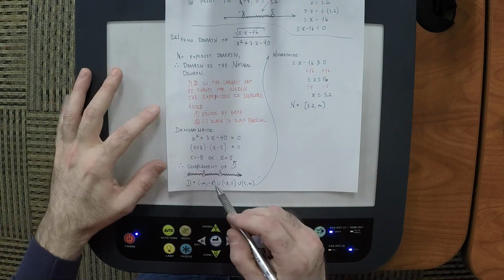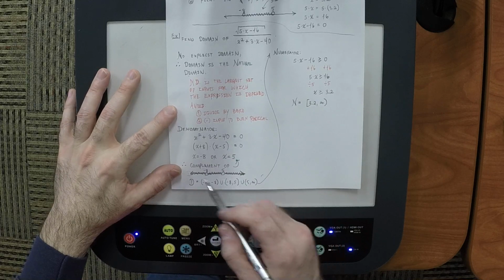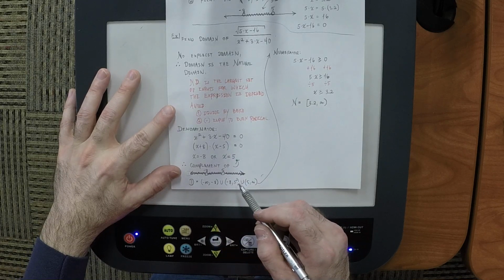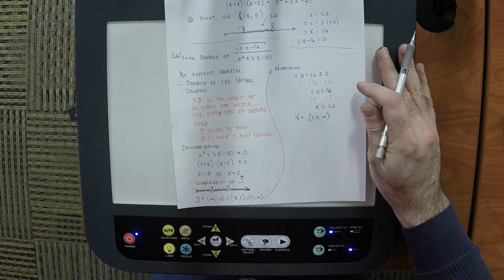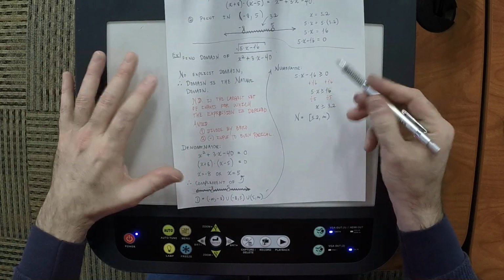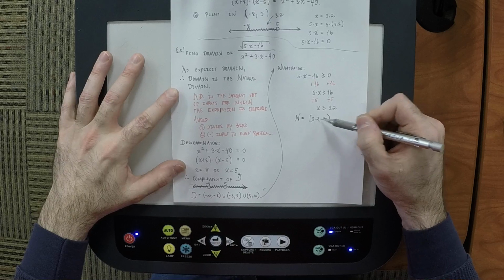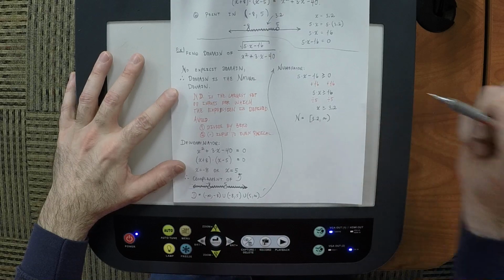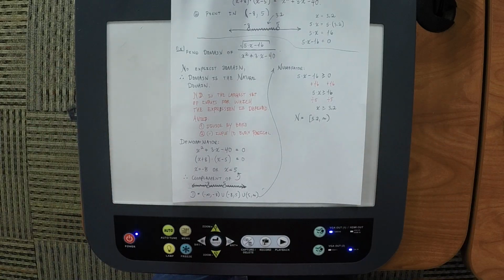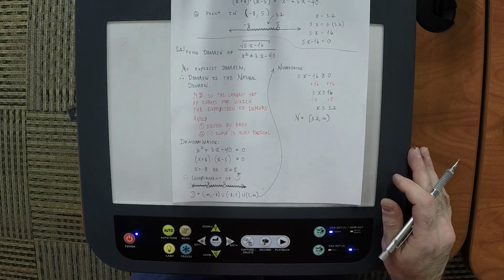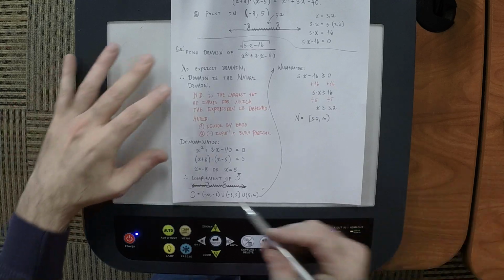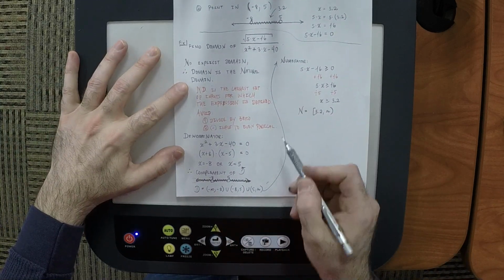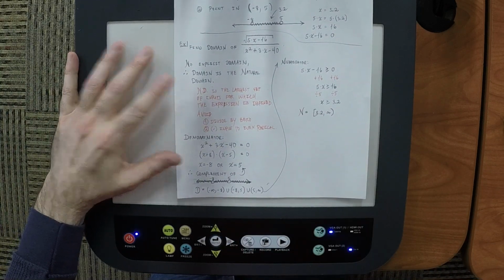So where the denominator is concerned, anything but negative 8 and 5 are allowed. Fine. If we consider the numerator in isolation, the numerator requires 3.2 or greater. Okay. So in order for the whole expression to work, we need this condition to be true and that condition to be true. We need them both to be true.